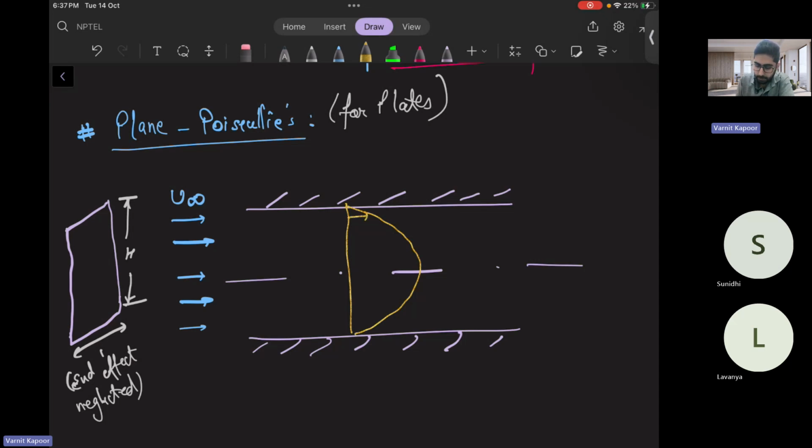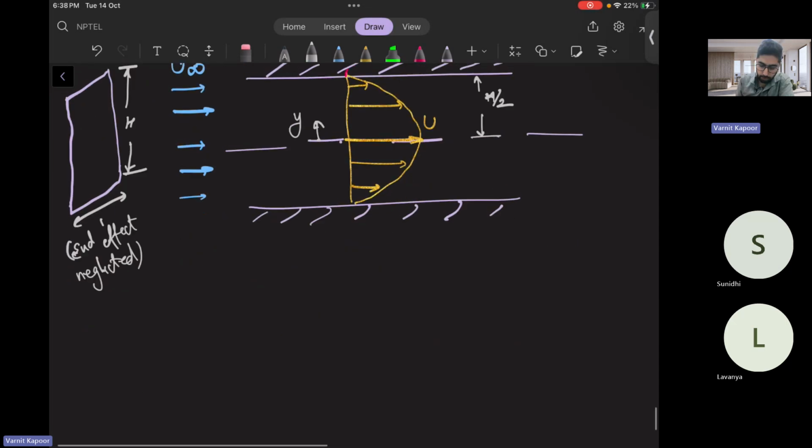The y direction is from the center line, and this is my velocity profile distribution u. This is h by 2, half of the height between the plates. The pressure gradient here is minus dou p by dou x.